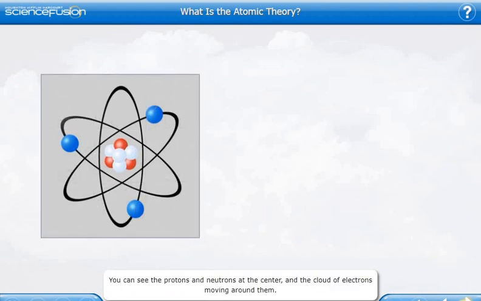Great work! You can see the protons and neutrons at the center, and the cloud of electrons moving around them.